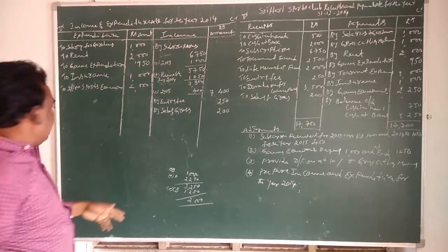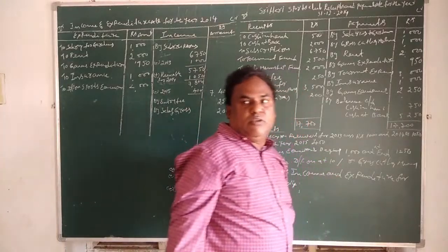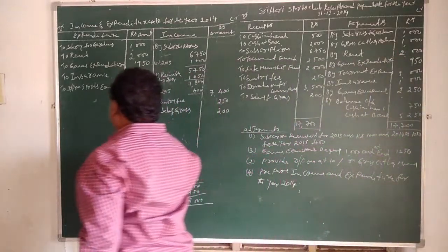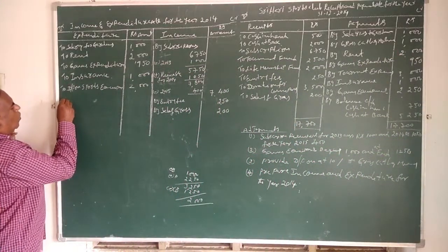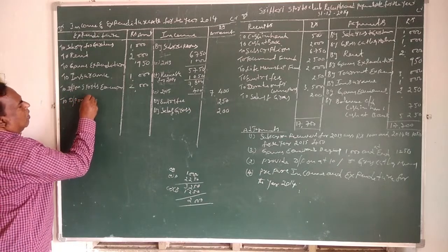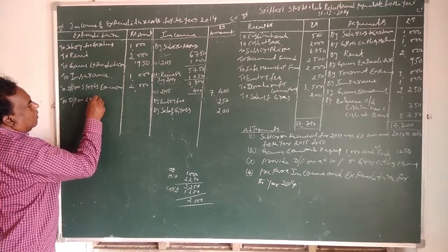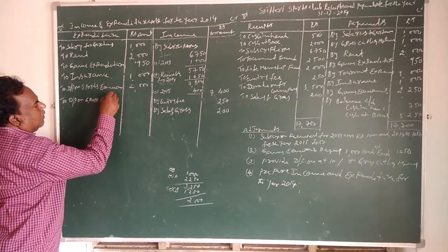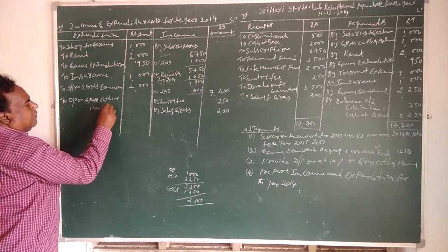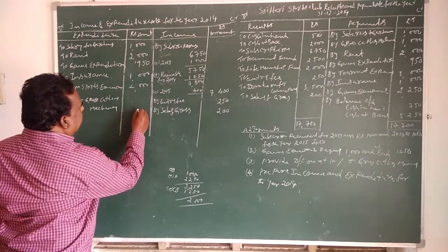Next, another adjustment: provide depreciation at 10% on grass cutting machinery. The cost of the grass cutting machine is 1,000, so 10% depreciation is 100. To depreciation on grass cutting machinery 100.